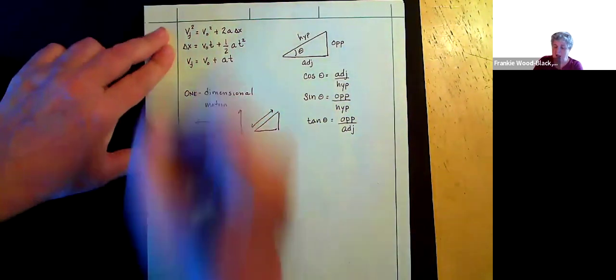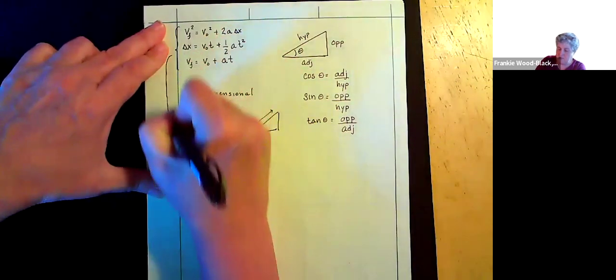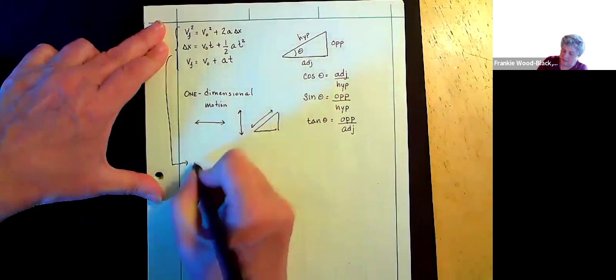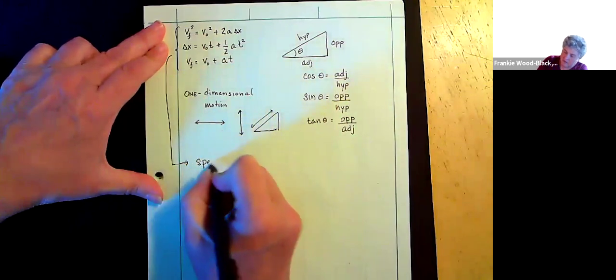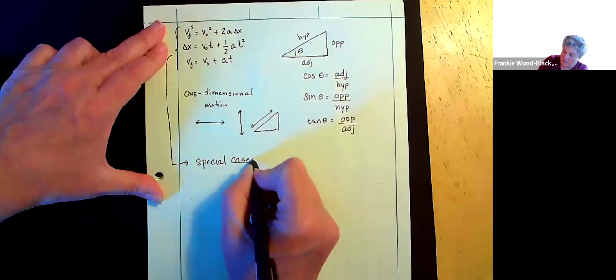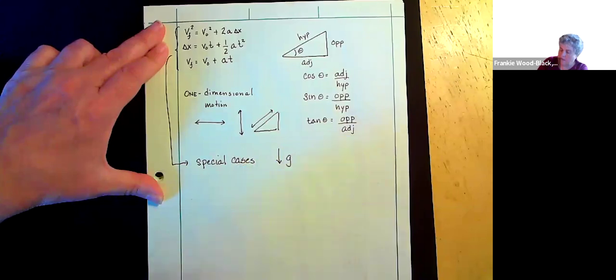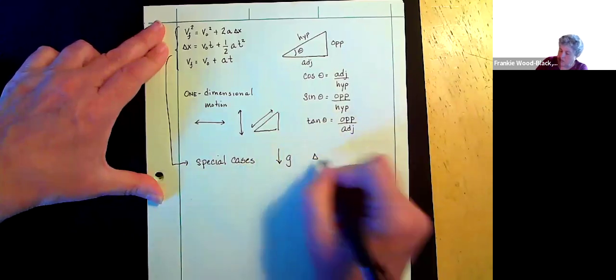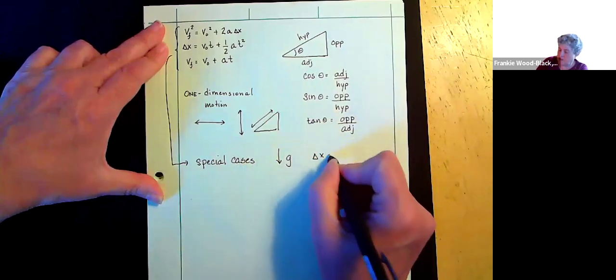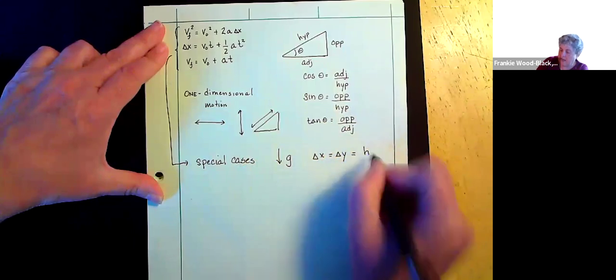Now we can rewrite these as special cases for when we're dealing with gravity, and we use our change in position, either our change in X or our change in Y, as equal to height.